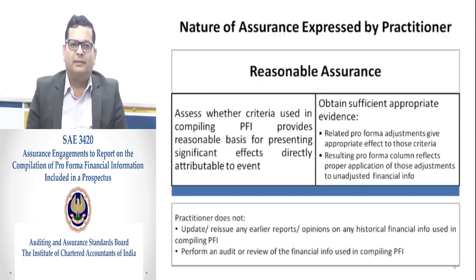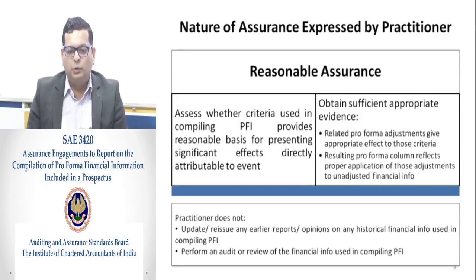We as practitioners are required to provide reasonable assurance to confirm whether the proforma adjustments are given effect in the financial information, and we need to assess whether the criteria used in compiling the PFI provide a reasonable basis for presenting the significant effects directly attributable to the event.